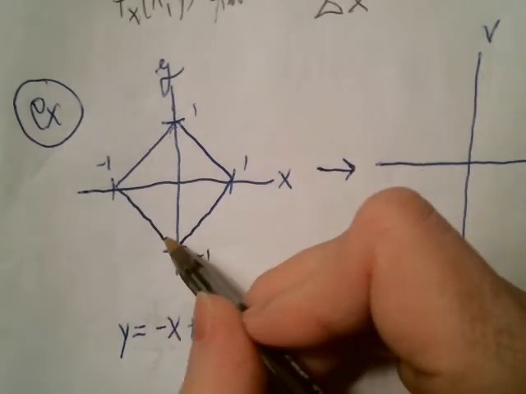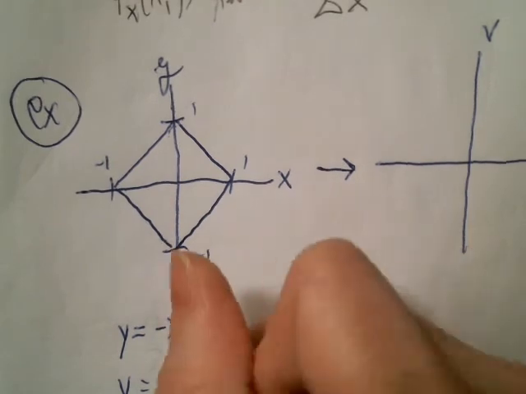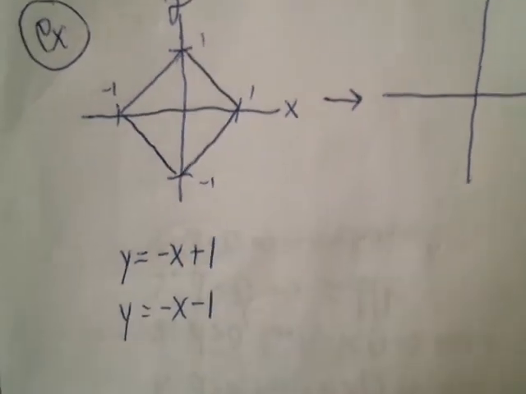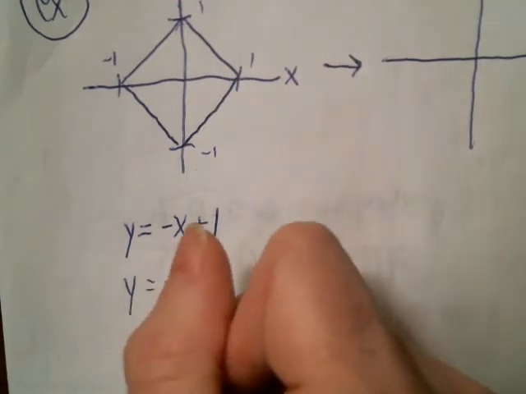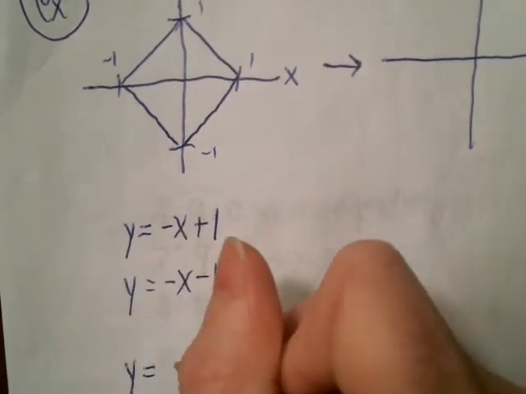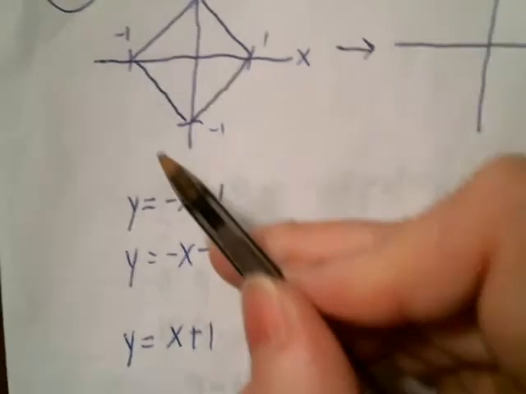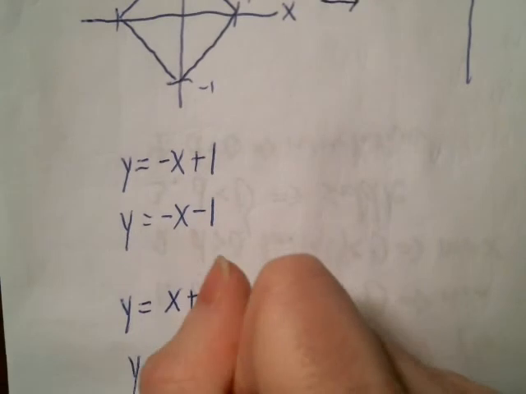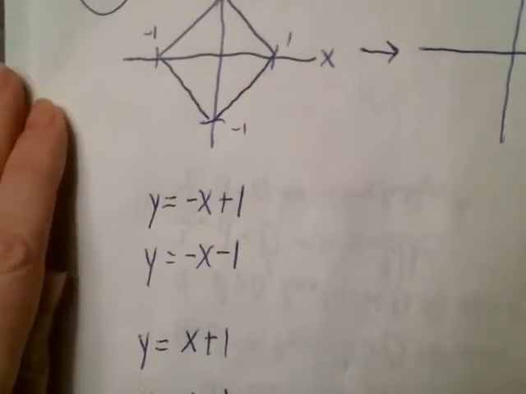And then this line has the same slope, so y equals -x, its intercept is -1, so I have -1. And then I get equations for these two lines. So I'll have y equals this time positive x plus 1 for this line, and then y equals positive x minus 1 for this line here.